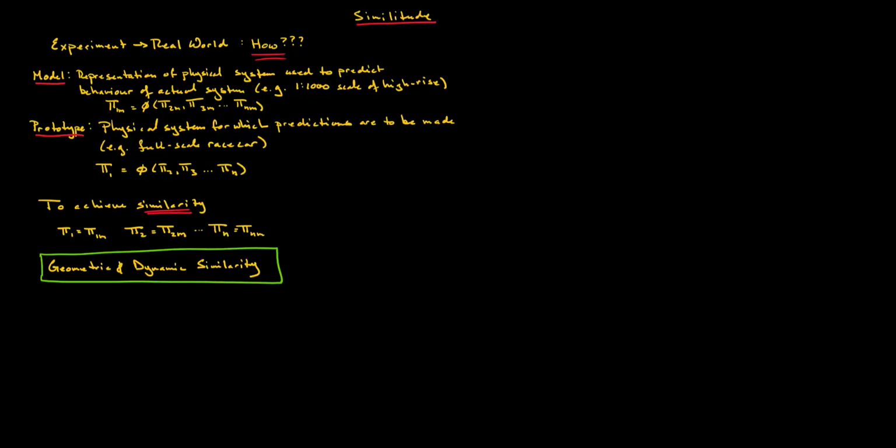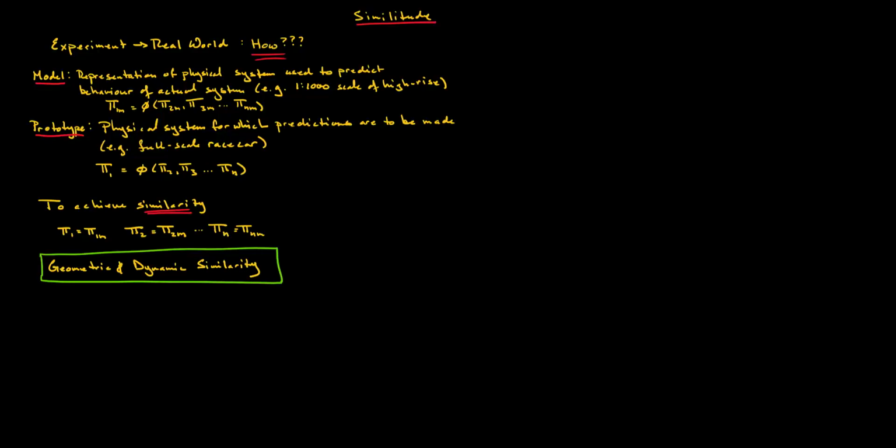Assuming that the two physical systems are the same with just certain subtle differences, such as geometric scales, which might be different, or certain velocities might be different, but otherwise it is the same problem, then we can also set up a relationship which says that pi1 is the same functional relationship of pi2, pi3, all the way to pi n for the prototype.